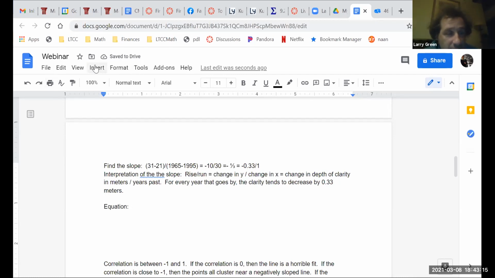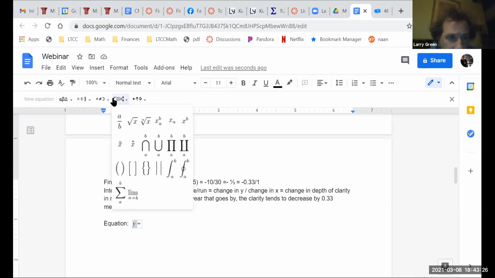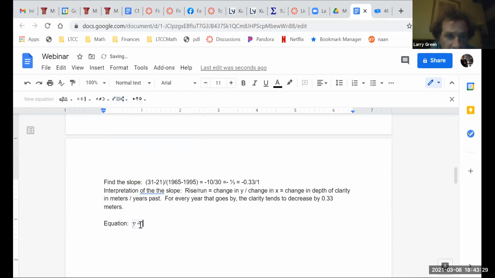So let me insert equation. Okay, so the first thing is you tend to write y hat for your predicted y. So you put a little hat on top, and that means your best prediction for y. And y hat equals mx plus b, which is negative 0.33x plus b, which was 31. Any questions on this?